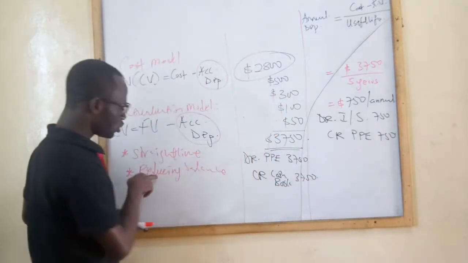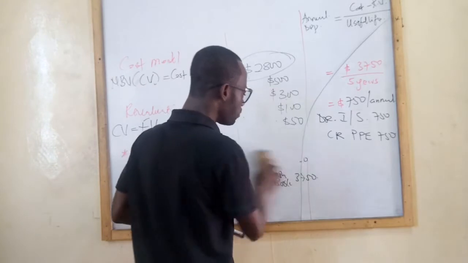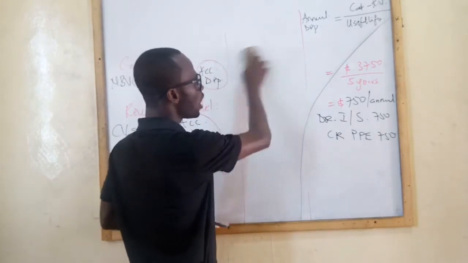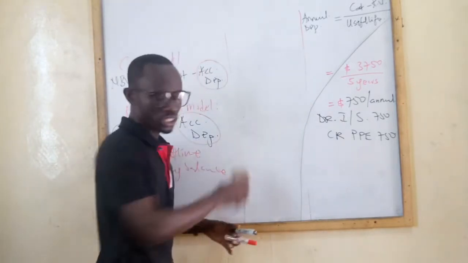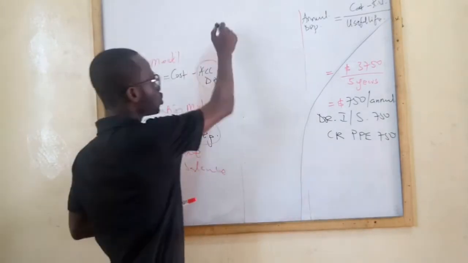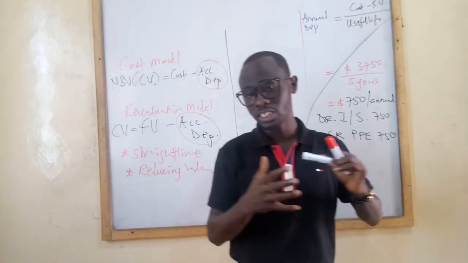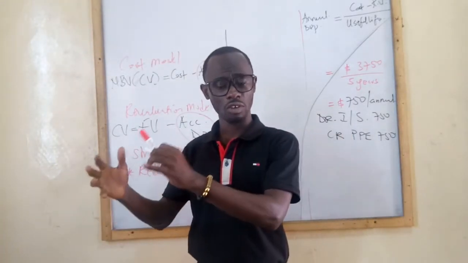But let's come to the reducing balance method. What happens? The reducing balance method is where we are going to be charging the depreciation on the current value of the assets. So under the reducing balance method, we are not going to be charging the same depreciation over the useful life of the assets.